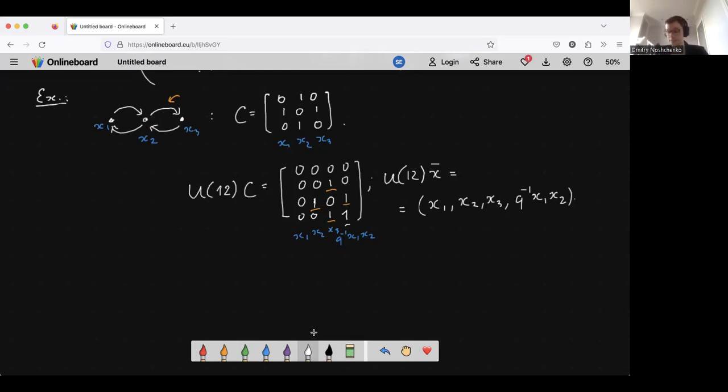Maybe let's compute the next iteration as an example. Let's compute u23 combined with u12. So in this notation, we first apply u12. So we get this, and then we hit it by u23. So the resulting matrix is as follows.